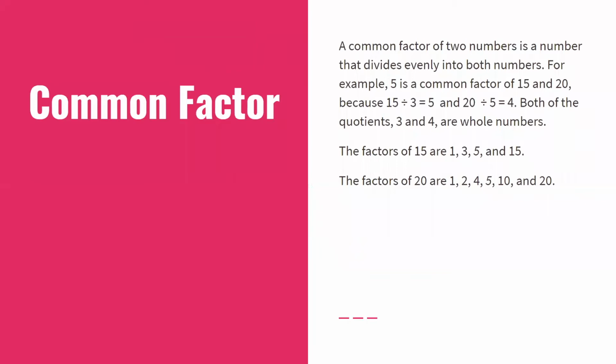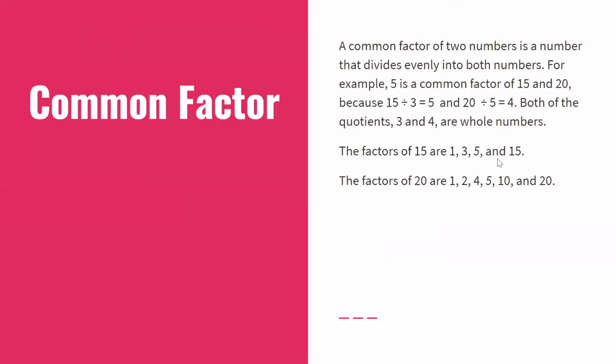For example, 5 is a common factor of both 15 and 20 because 15 divided by 5 equals 3 and 20 divided by 5 equals 4. So both of the quotients, 3 and 4, are whole numbers. So therefore, 5 is a common factor of 15 and 20.